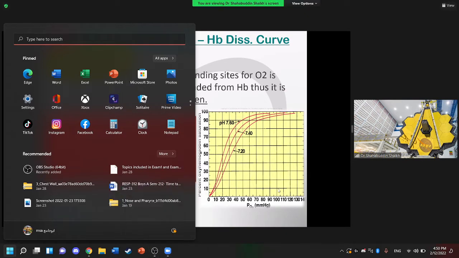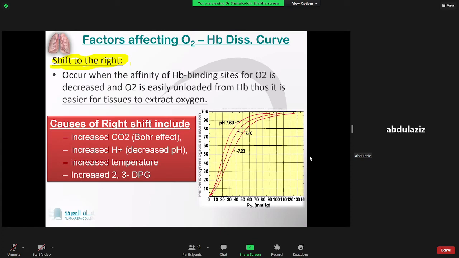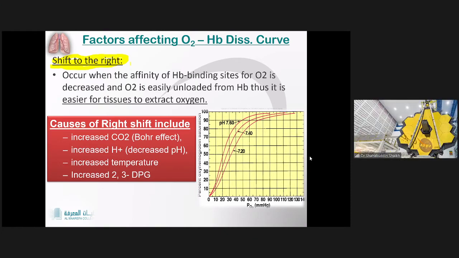Can you remember this word? Unload oxygen. Please remember these words. I have told you in different ways, the same thing. Easier for tissues to extract oxygen, easier for tissues to take oxygen, easier for hemoglobin to give oxygen, easier for hemoglobin to unload oxygen.